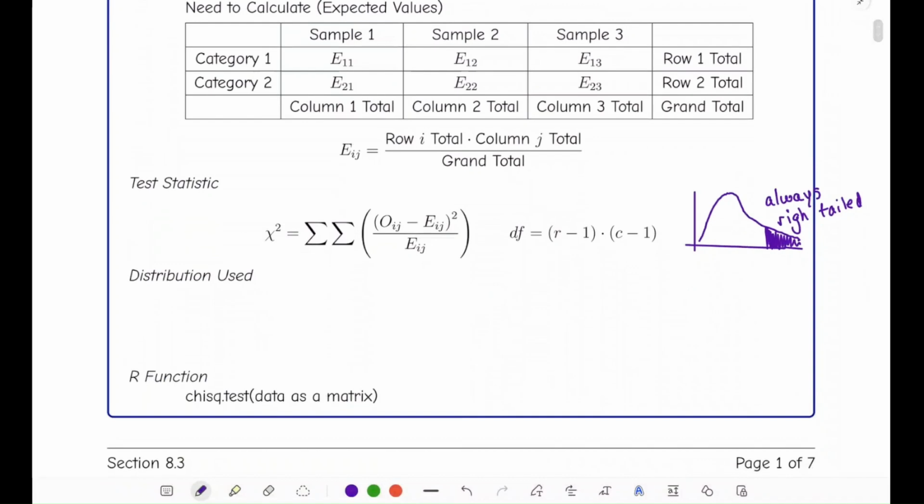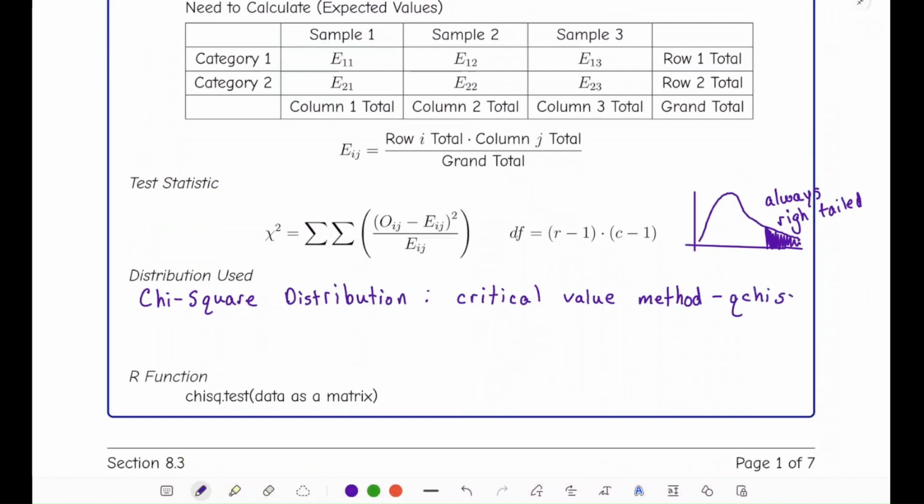So like I said, this is a chi-square distribution. Which implies when you do the critical value method, you will use qchisq.